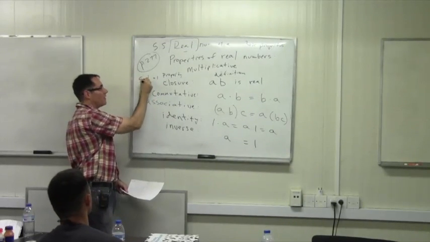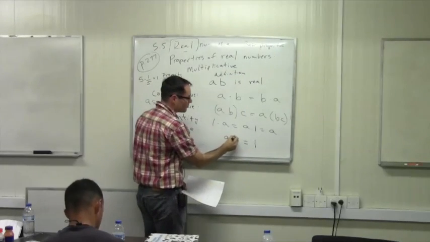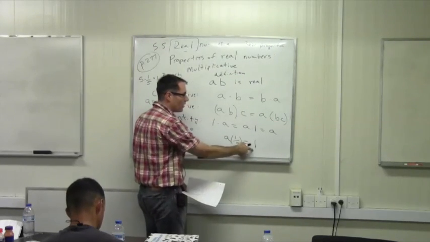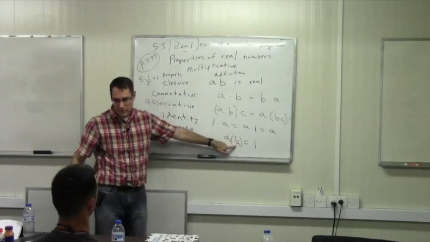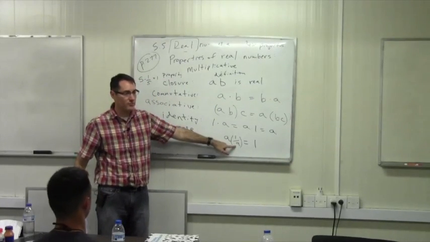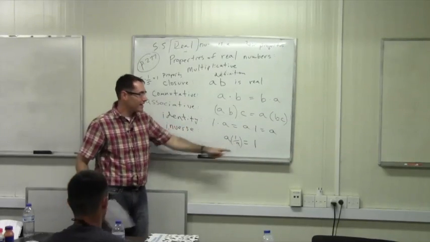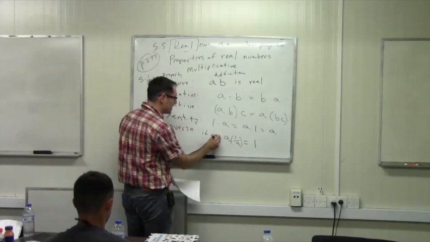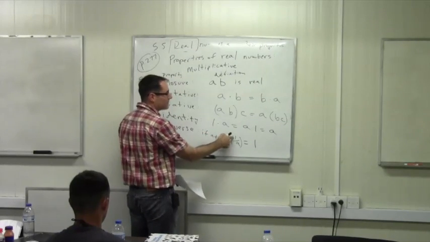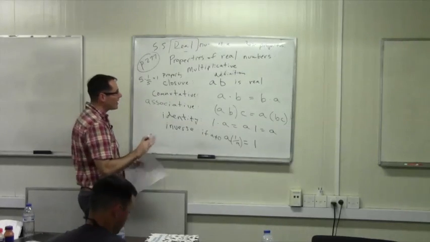I like that. 1/5. Right? So a times 1 over a will give you 1. There's one problem, though. What does this remind you of? Our little problem with division, with rational numbers. The 0, right? A cannot be equal to 0. So you have to say, if a is not equal to 0, then a times 1 over a gives you 1. Okay? A lot of people forget this.